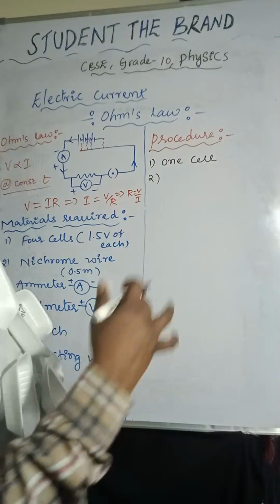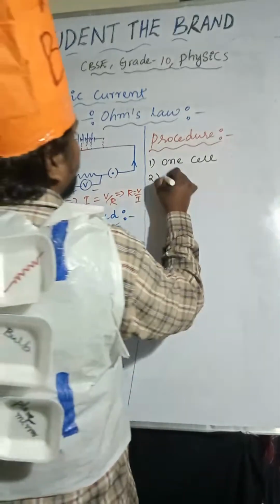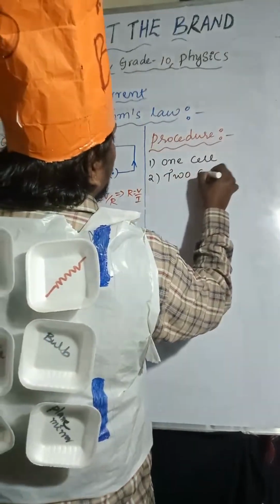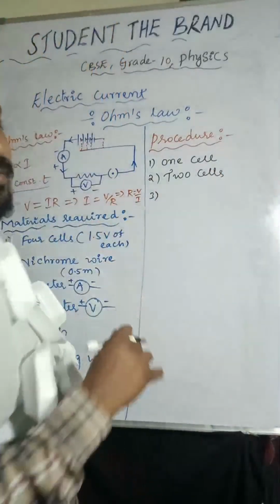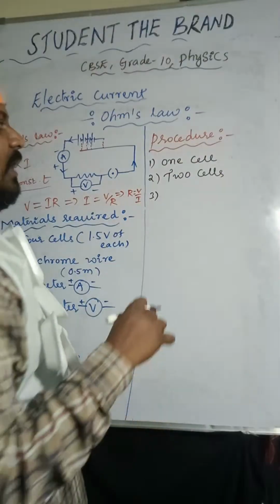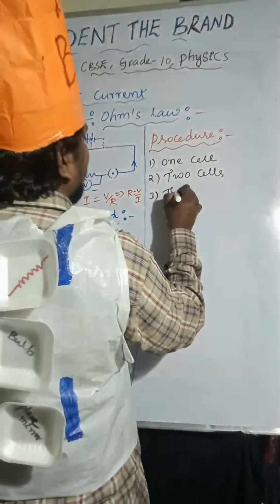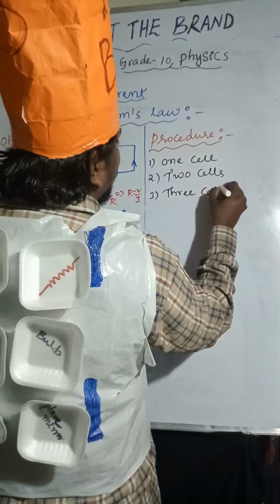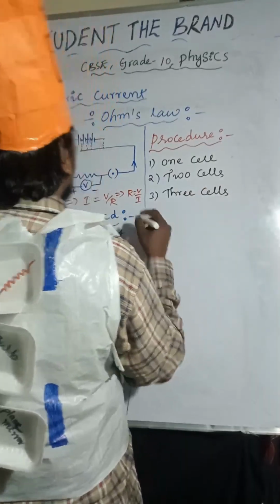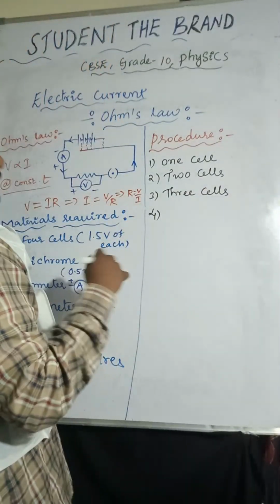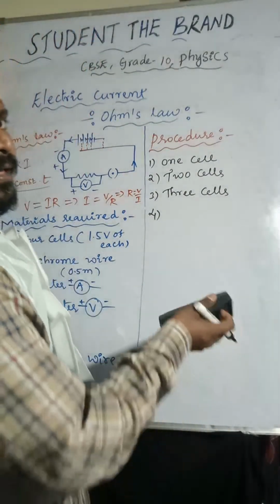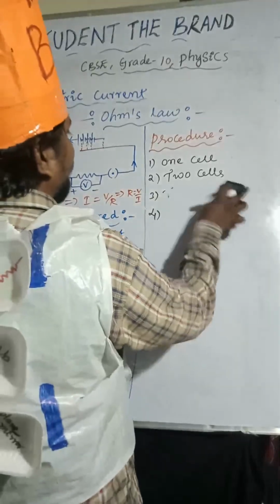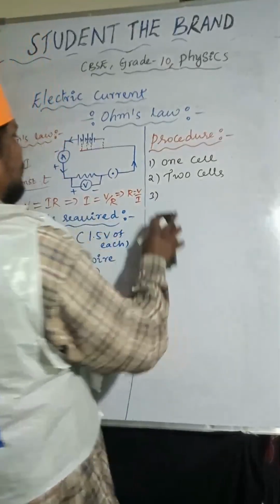Next, connect two cells and again note down the readings of the ammeter and voltmeter. Then connect three cells and note down the readings. So repeat the process for 3 and 4.